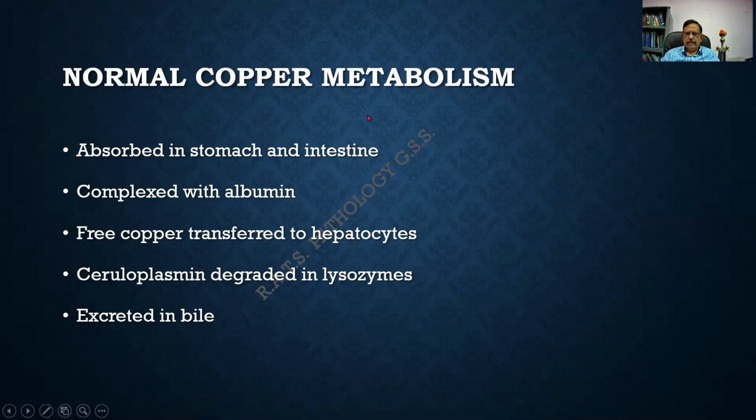The normal copper metabolism is that it is absorbed in the stomach and intestine, complexed with albumin. The free copper is transferred to the hepatocytes. Ceruloplasmin is degraded and finally excreted in the bile. This is the normal one, you can just go through it.